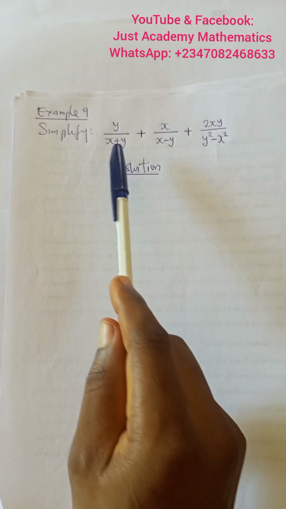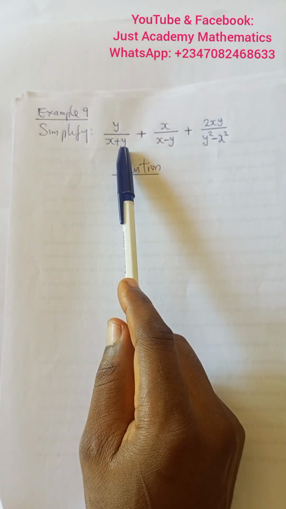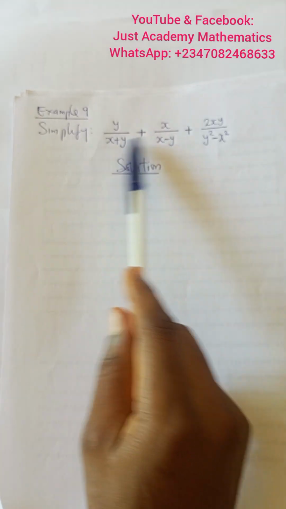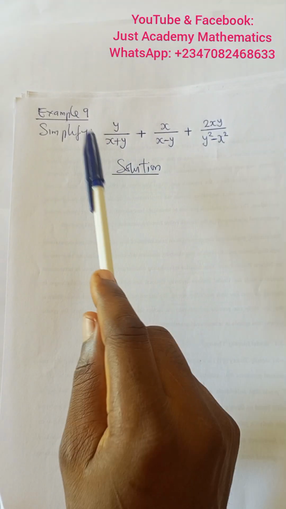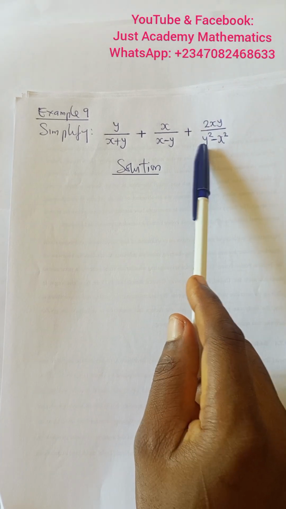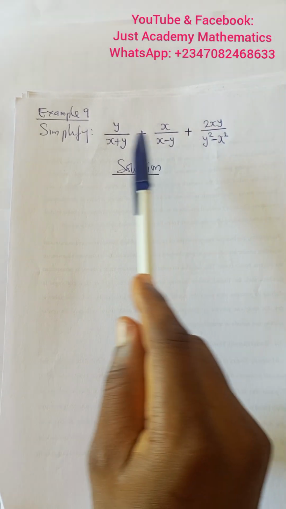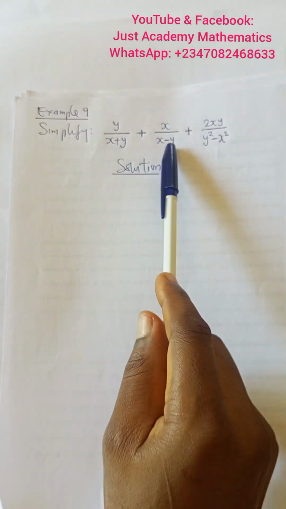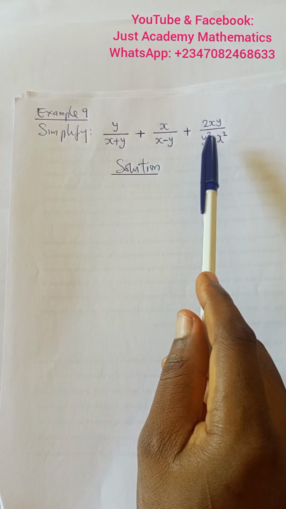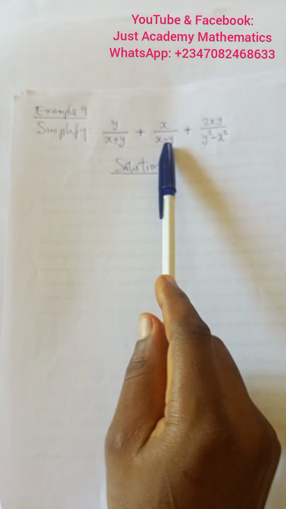And why is that? Notice that this one, this is x plus y. x is starting, followed by y. Difference of 2 squares. x squared, y squared, not y squared, x squared. This one is y starting, followed by x. Assuming x is starting followed by y, then it will correspond to this. So your first work is to make this one look like this two.